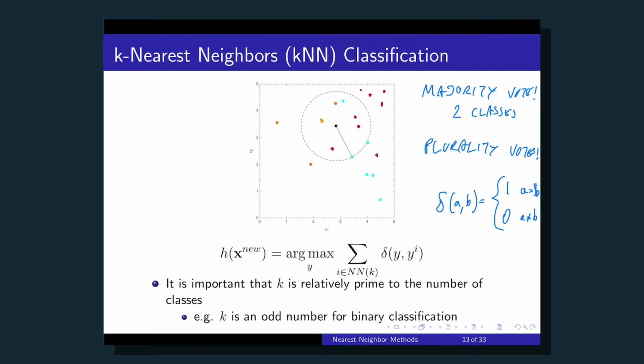One other consideration here is obviously you need to pick a k that's relatively prime to the number of classes. So your k essentially should not be a multiple of however many classes you have. For example, here we have 3 classes with the red, the cyan, and the orange.